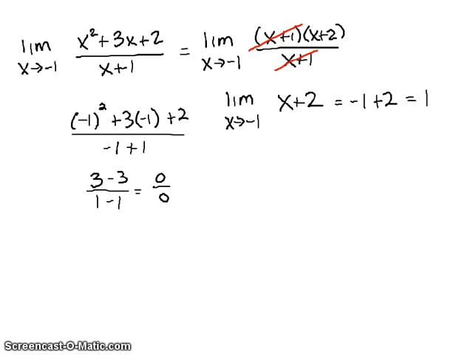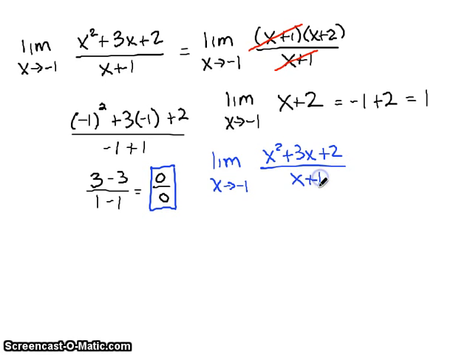Or we can use L'Hopital's rule. L'Hopital's rule says once we get here, or any other indeterminate form, we take the derivative of the numerator, take the derivative of the denominator, and then take the limit one more time.